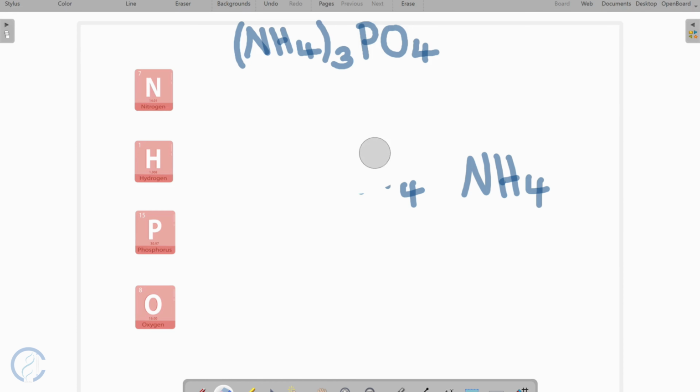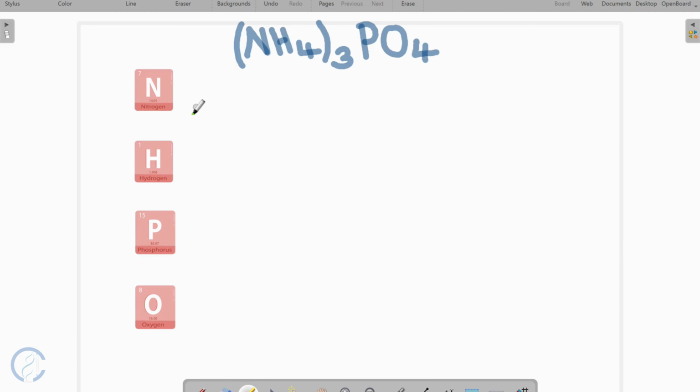All you can do is simply multiply what I have inside the bracket with what I have outside the bracket. I have 1 nitrogen inside the bracket, multiplied by 3, that's 3 nitrogen. I have 4 hydrogen inside the bracket, multiplied by 3, I have 12 hydrogen. I have 1 phosphorus and 4 oxygen.